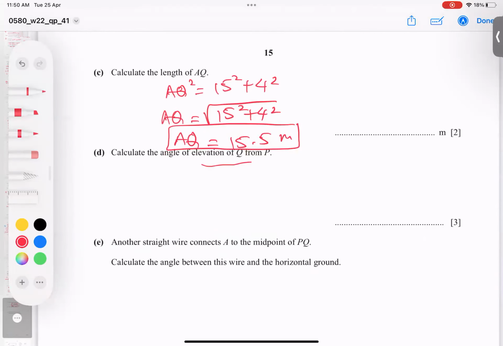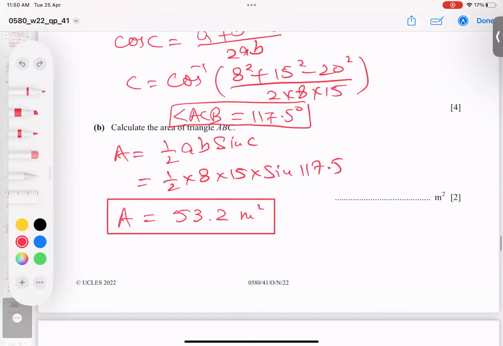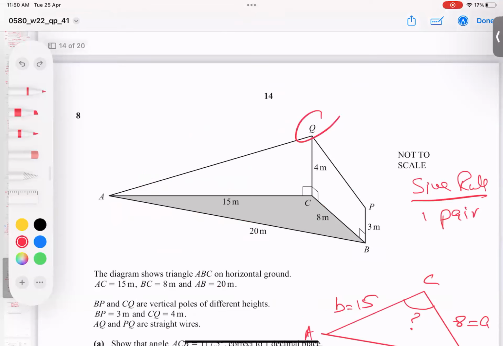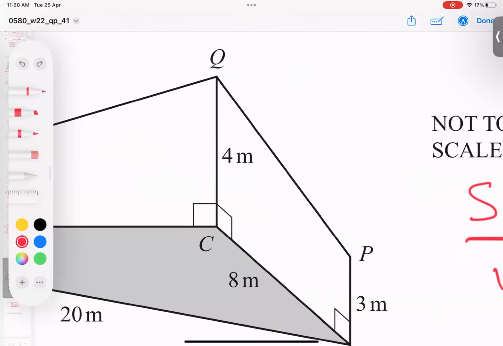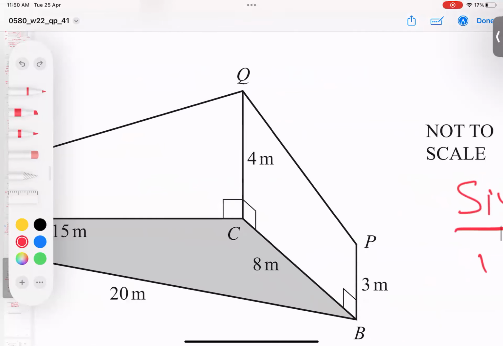Angle of elevation of Q from P. Where is the P? Here. This is a little tough question. You can see that this height is 3. I will make a line meeting this point.